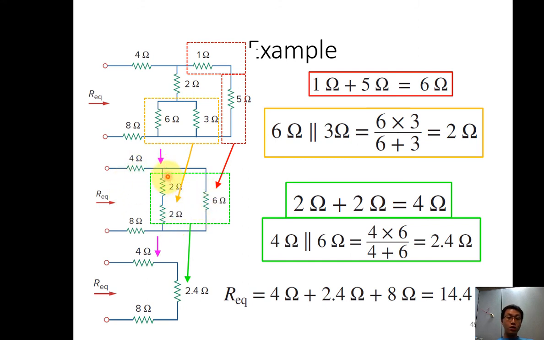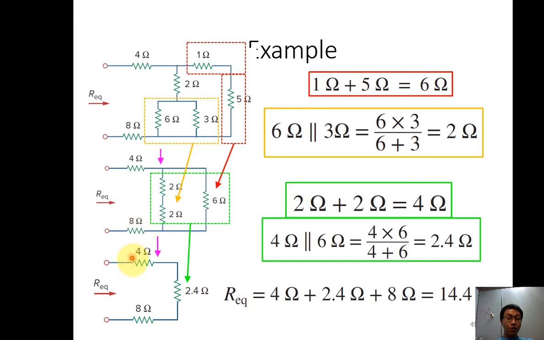Then we found that this branch is a series resistor. So 2 plus 2 becomes 4. Then 4 ohm and 6 ohm are parallel. So 4 ohm parallel with the 6 ohm, we use 4 times 6 divided by 4 plus 6, we have 2.4 ohm. And then we put it into a simpler network.